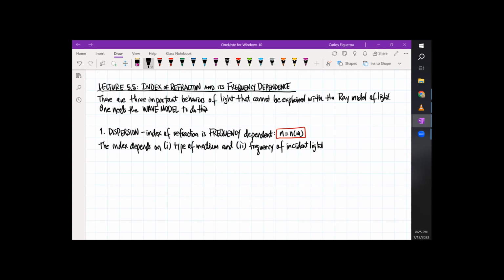So, for example, if n, the index of refraction, is a constant, the only way this could be true is that the incident light is monochromatic.